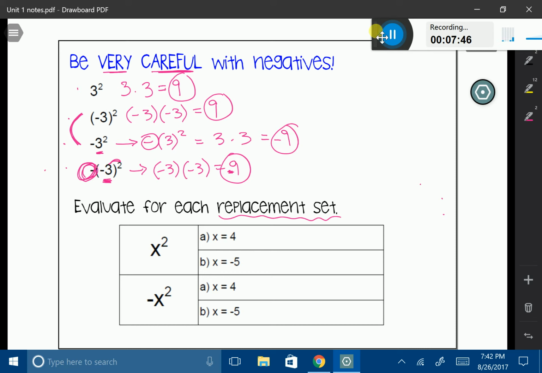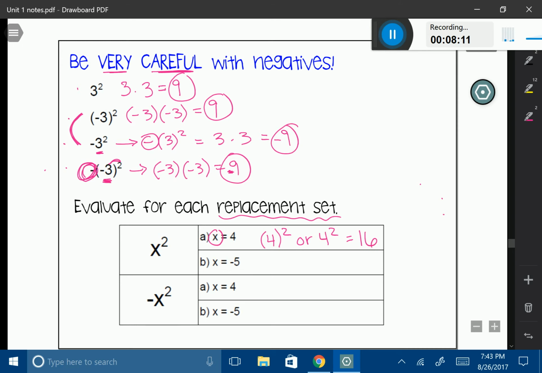So in our case, in letter A here, we had x equals 4. Let's go ahead and substitute that into x. So you'll notice that my x is equal to 4. That's my base. So really what I have is this, 4 squared, which would give us an answer of 16. But the next one's tricky, isn't it?